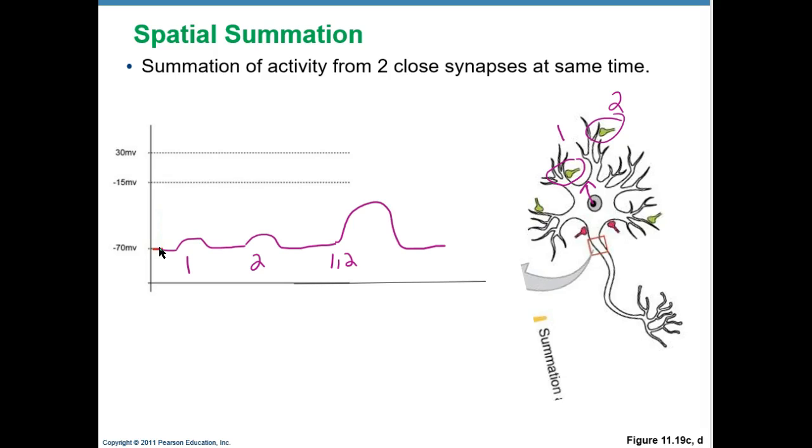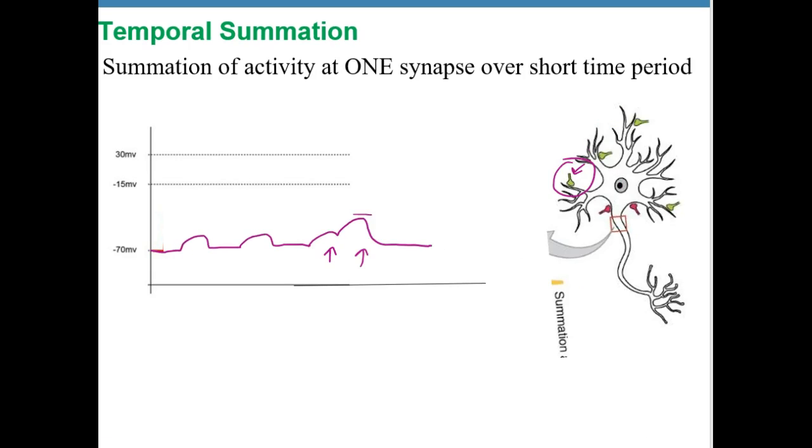So 2 synapses close together firing at the same time will summate. So that's spatial summation: close together in time, close together in space, same time. Temporal summation: close together in time, same spot.